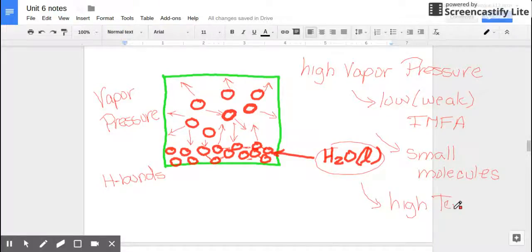High temperatures give the molecules enough kinetic energy to overcome the forces of attraction that are holding them together. So remember, kinetic energy and temperature are the same thing. So if you have high kinetic energy, you're going to have high vapor pressure because you're going to escape into this space more easily. You're going to have enough energy to become a gas vapor.